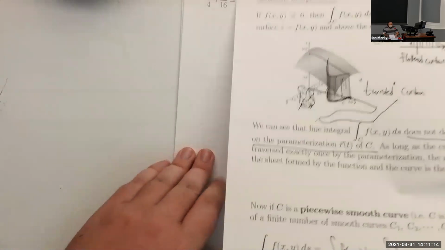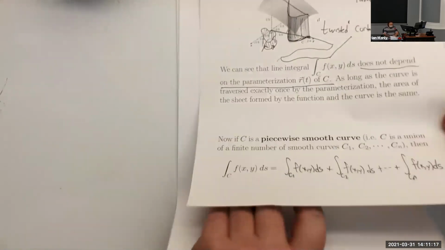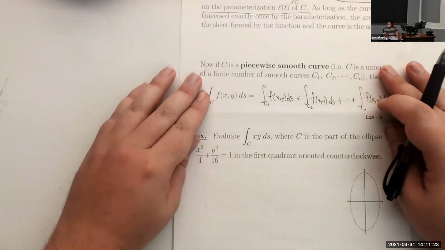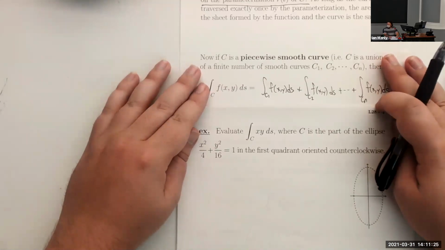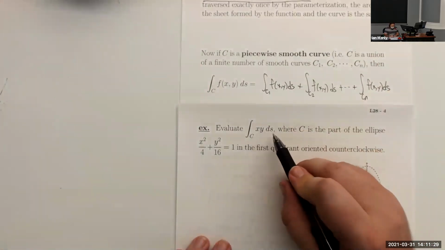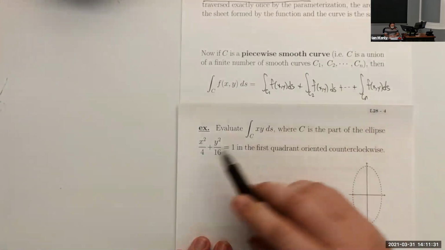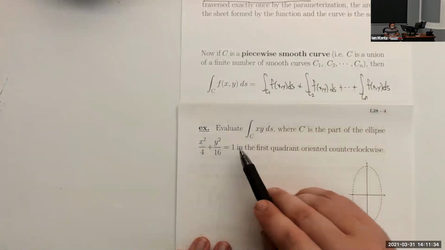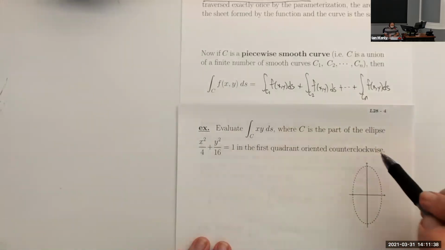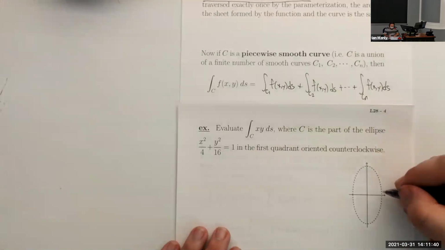All right, so let's actually go ahead and do this. Let's try to compute one here. Maybe that'll make things a little bit more clear. We're going to evaluate the line integral of xy ds, where C is the part of the ellipse x squared over 4 plus y squared over 16 in the first quadrant, oriented counterclockwise. What does that mean?